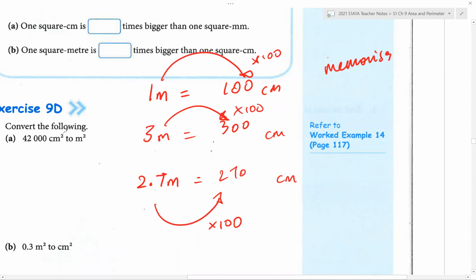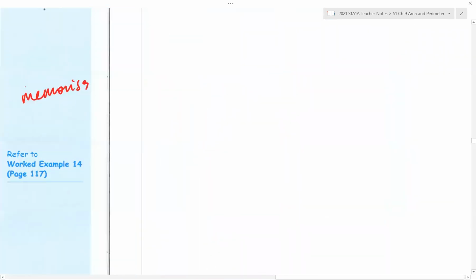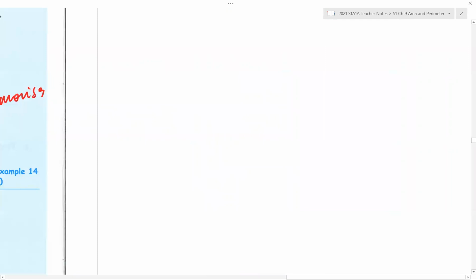Did we spend our past 2 minutes very wisely? Do you learn something? Hang on, I'm still talking about meters to cm first. So are there any questions from meter to cm first? Okay, next, cm to mm. Let's say 1 cm. How many mm is that? 0.1 mm?